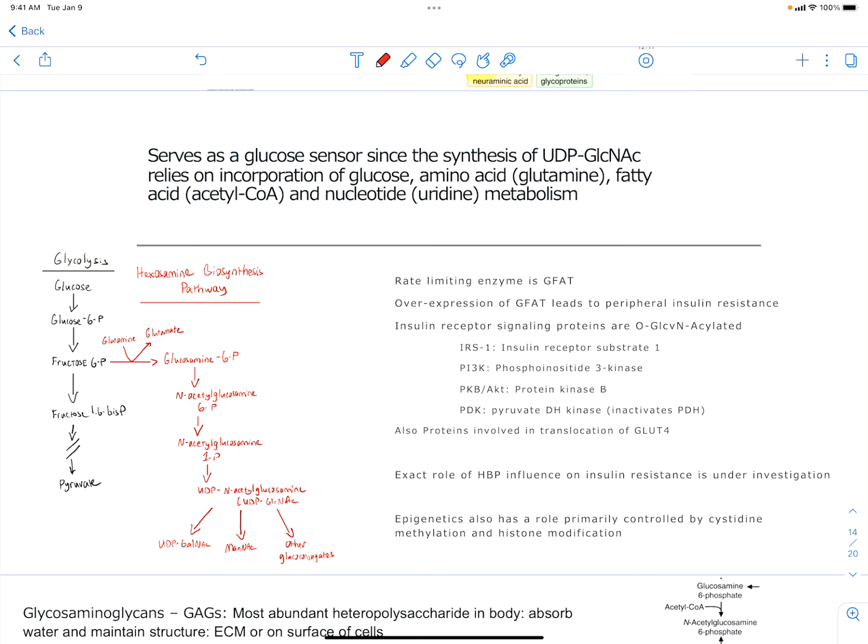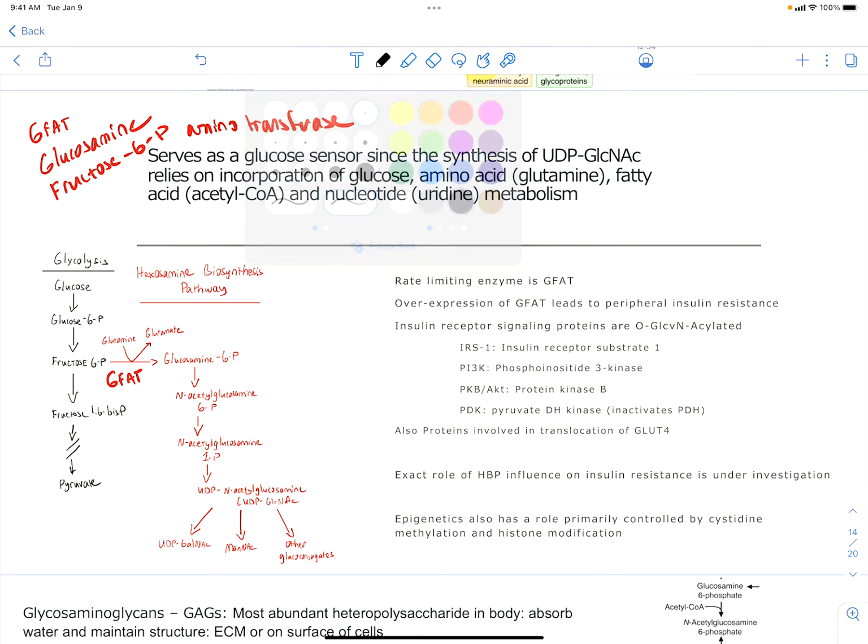So the hexosamine biosynthesis pathway is going to be regulated by a protein called Gfat, and that's shown here. Gfat is glutamine fructose 6-phosphate amidotransferase. And so you can see that it's sort of another byproduct of glycolysis.